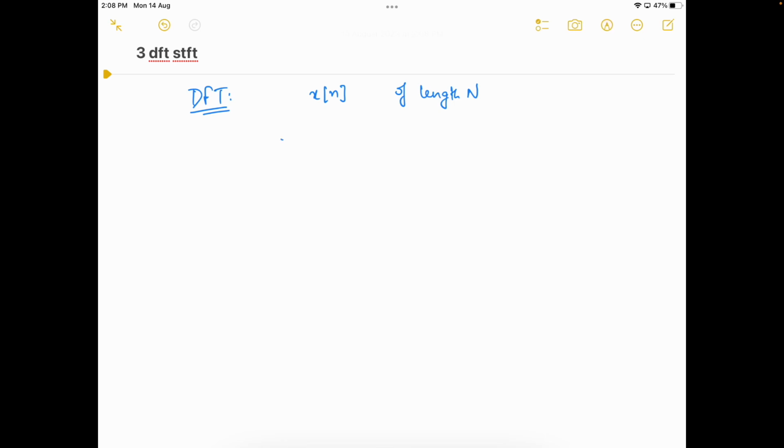So we can represent it as, right? So this is our discrete Fourier transform. And we can find the inverse Fourier transform also. That if given xk, can I find xn? The answer is yes.